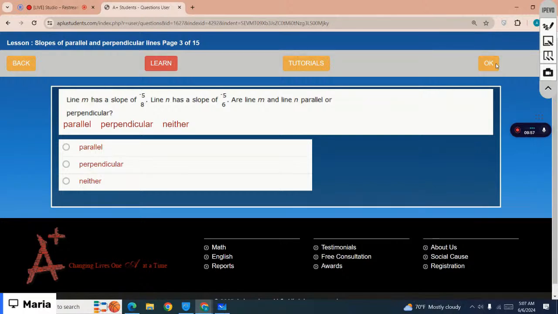Line M has a slope of negative 5 over 8. Line N has a slope of negative 5 over 6. Are line M and N parallel or perpendicular?